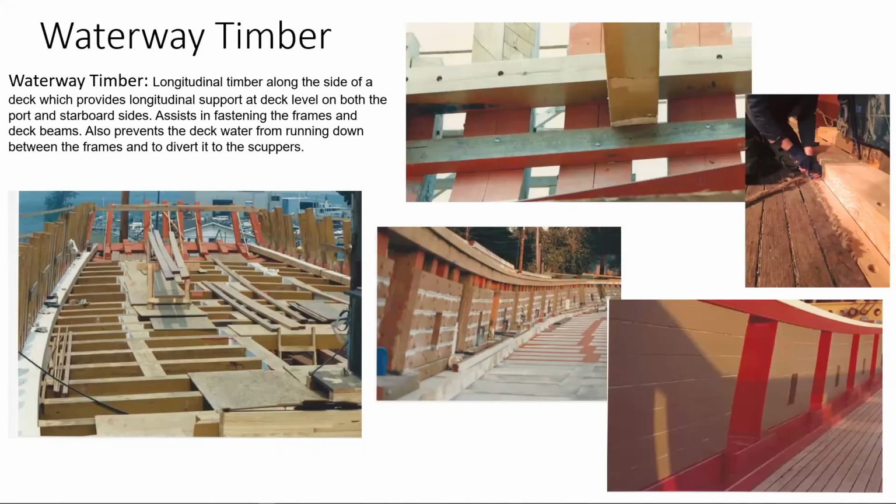The waterway timber. So here we're looking on deck. You can see up here on the upper picture the waterway timber being fastened to the frames, which are the vertical timbers here.